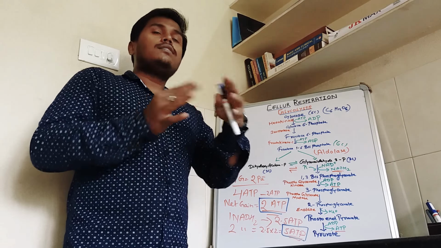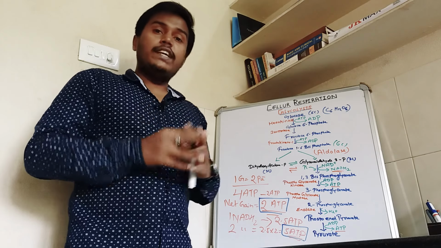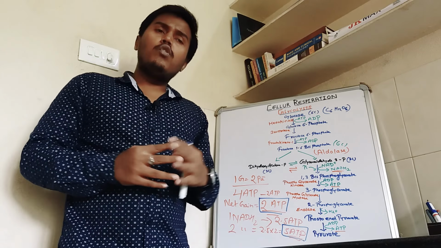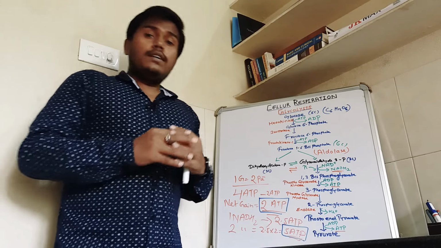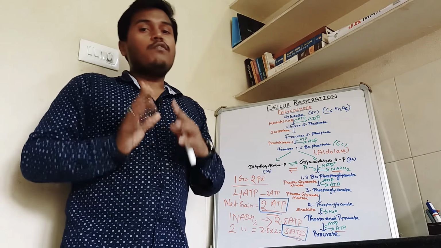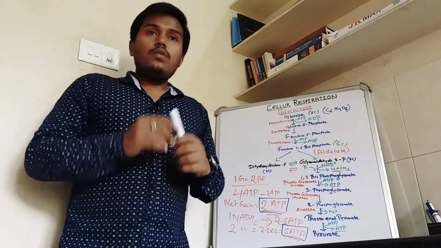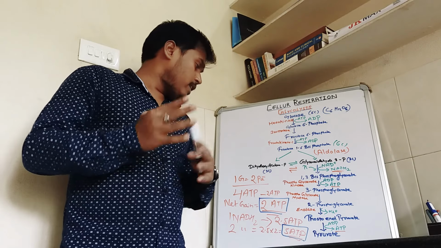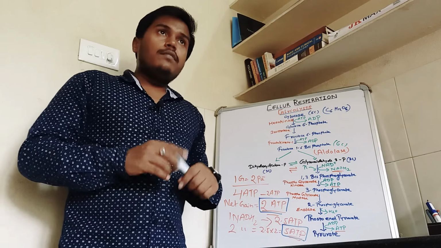But what is newly accepted is that 1 NADH will give 2.5 ATP and 1 FADH2 will give 1.5 ATP. Remember this. We will prove it in the 4th stage of cellular respiration, how 4 H plus are needed to produce 1 ATP, how we get 2.5, and how we get 1.5 in case of FADH2.